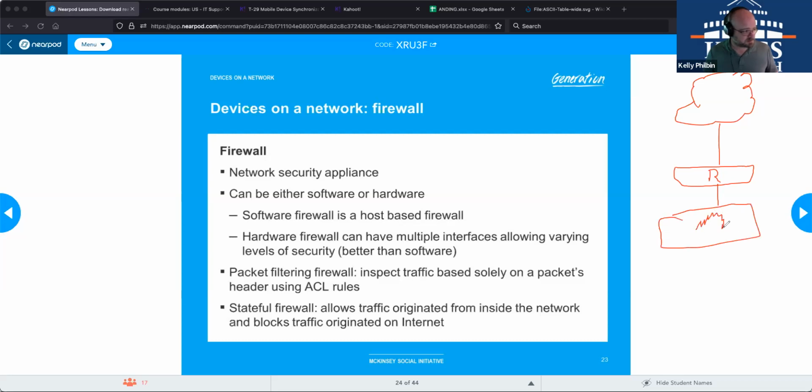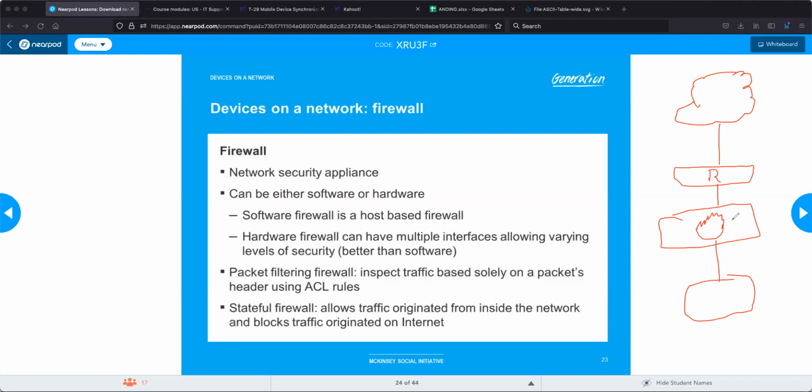There we go. And then you would have your internal network in here. So anything inside has to pass through the firewall to get out to the network. Anything from the network comes into our router and then has to pass through the firewall to get to us. If it's not supposed to be there, the firewall stops it. So basically it's protected. Yes, that's one aspect of security to protect your network.